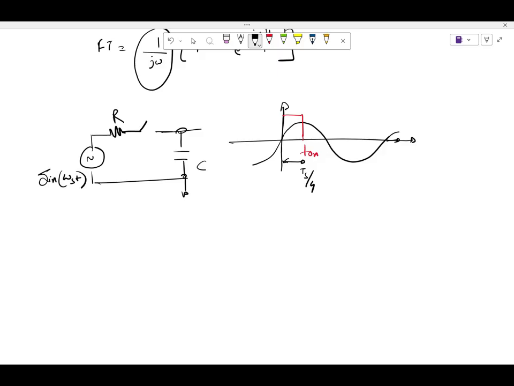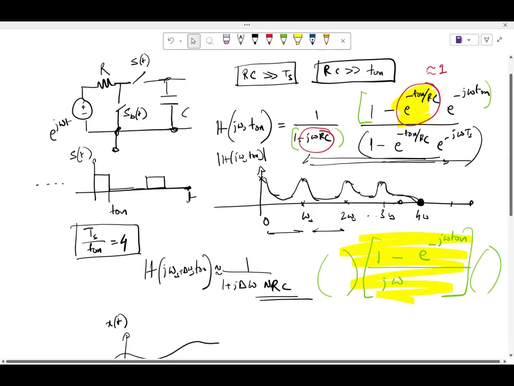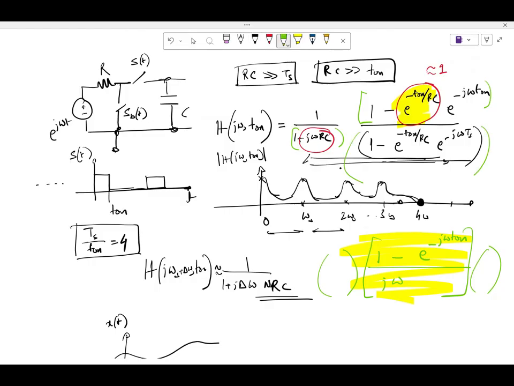When we expanded this, if you recall, the T on over RC term came out, and ultimately there was an averaging over T on.